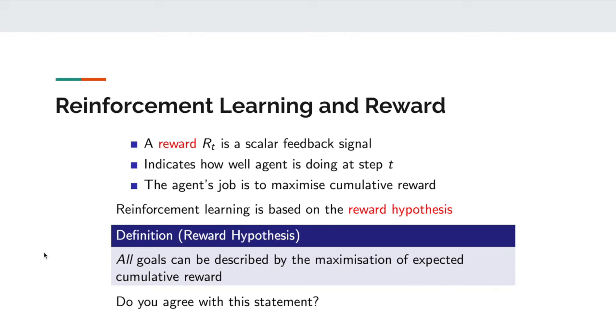This is very vague, right? It's very general, and reinforcement learning has been applied to a wide variety of tasks. This is called the reward hypothesis, which basically says that all goals can be described as simply the maximization of some cumulative reward. There are some philosophical questions raised by this, right? Maybe not all goals can be described.